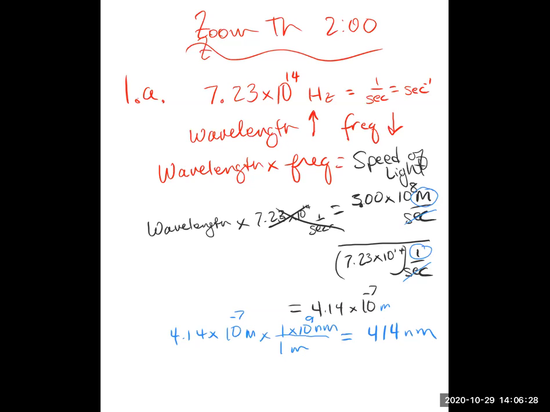An angstrom is 10 times smaller, so it would simply be 4140 angstroms. So make sure that you know those different conversions. 1 meter is 10 to the 9th nanometers, and that's in your textbook. And 1 meter is 10 to the 10th angstroms, right?